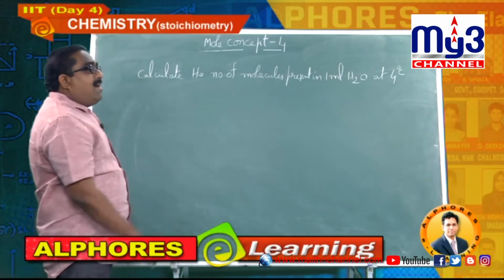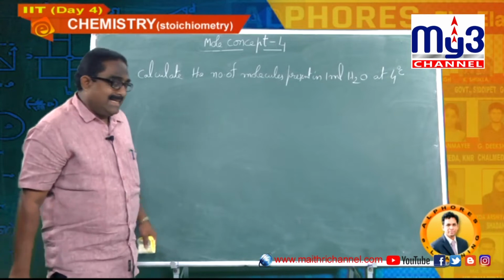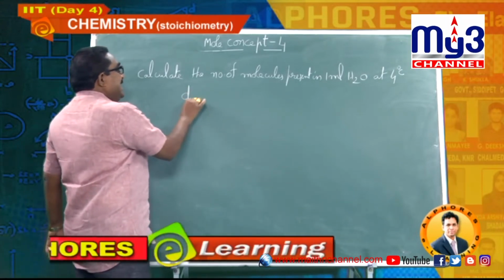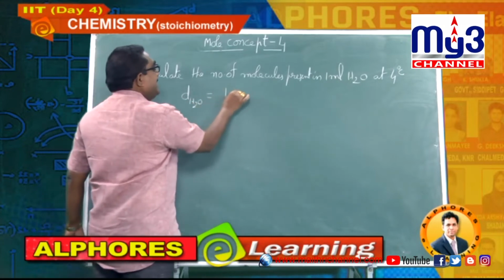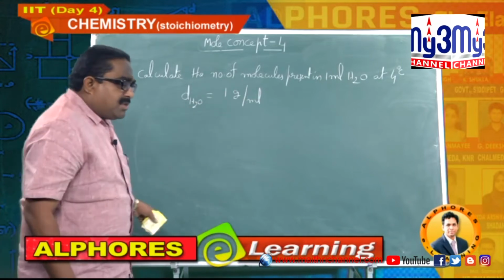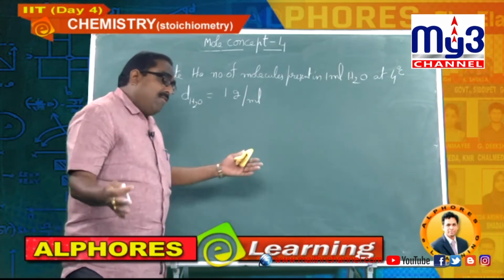So 1 mole of water liquid I have given at 4 degrees centigrade. We know the density of water. I am writing here. Write down the solution also. Density of water is 1 gram per ml, students. Density is mass by volume, everybody can say.